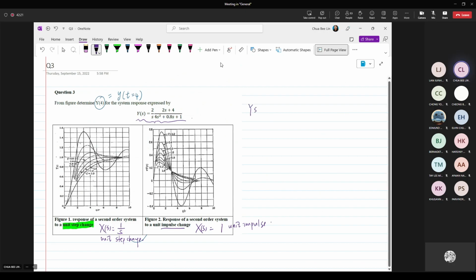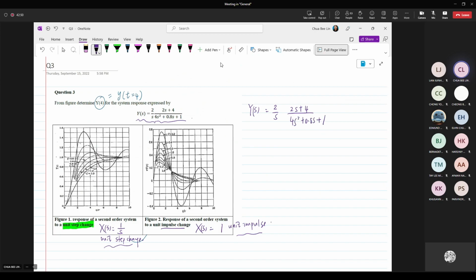You are actually having 2 types of input. One is the unit impulse, and one is the step change. So how do you split this equation into 2 types of inputs? So 2 over s, times (2s plus 4) over (4s squared plus 0.8s plus 1).